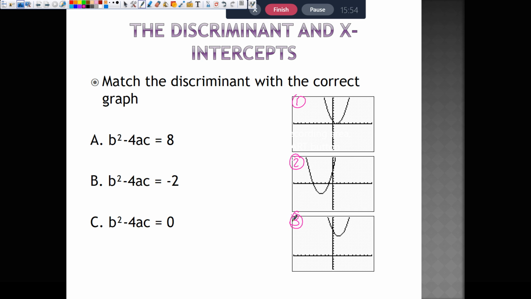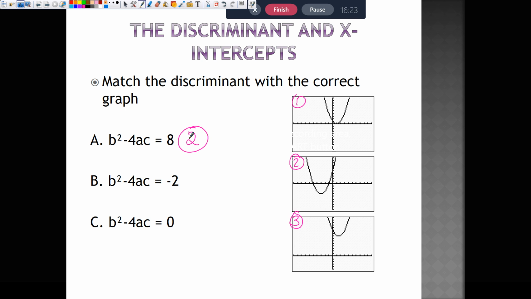For A, my discriminant is 8, so that means that it's greater than 0. So it's going to have how many solutions? 2. It means it's going to cross my axis at 2 different points. So which graph, 1, 2, or 3, is crossing at 2 different points? 2. See, it's crossing at 2 different points? So that means that this one goes with 2.